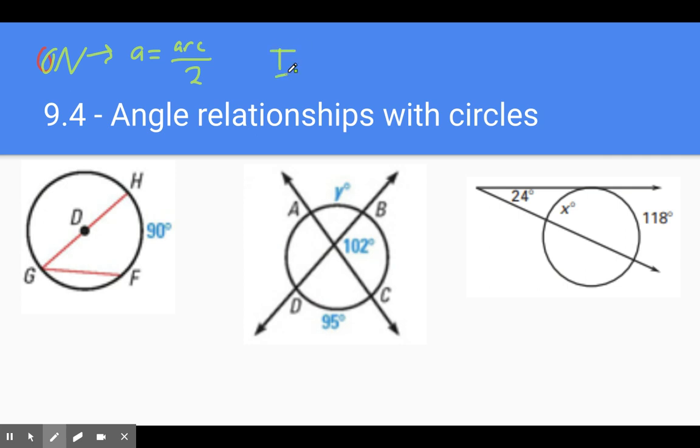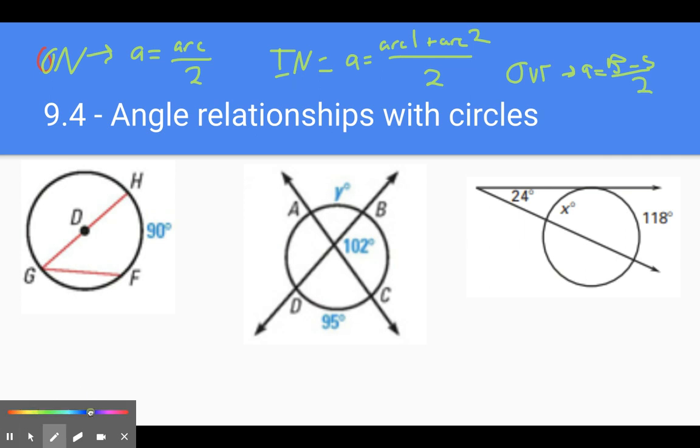If it's in, the angle is equal to arc 1 plus arc 2, divided by 2. And if it's outside of the circle, then the equation is the angle is equal to the big arc minus the small arc, divided by 2.